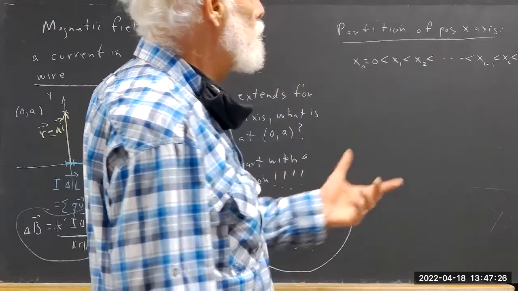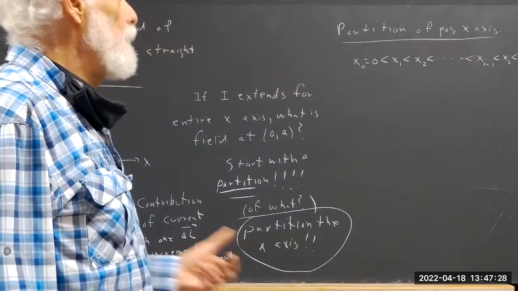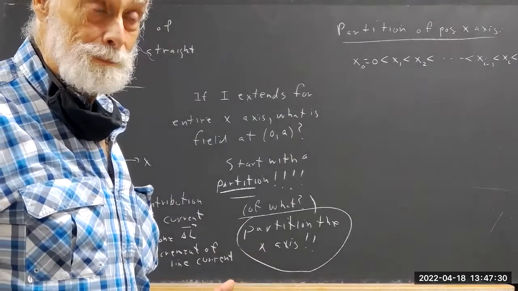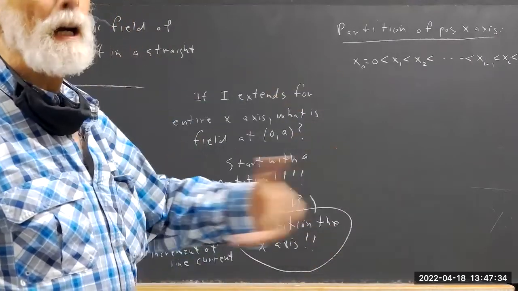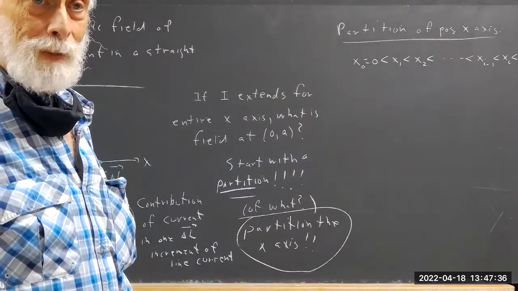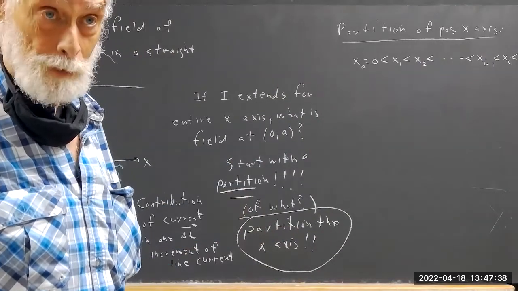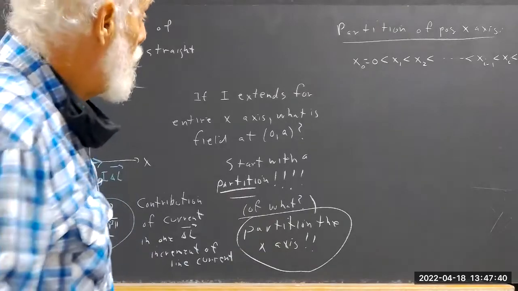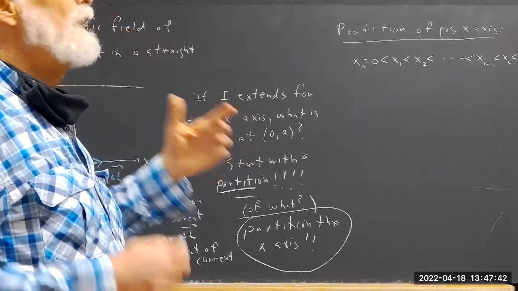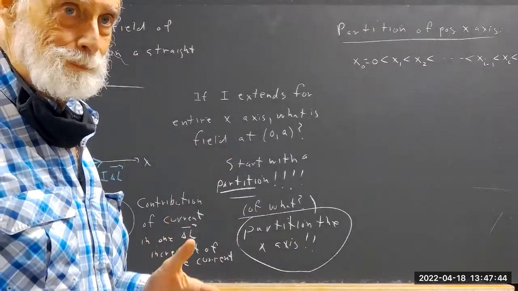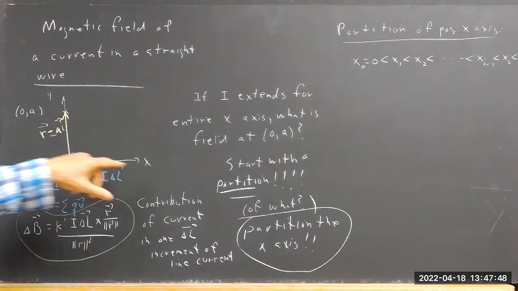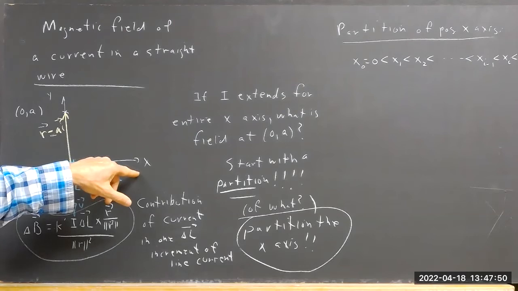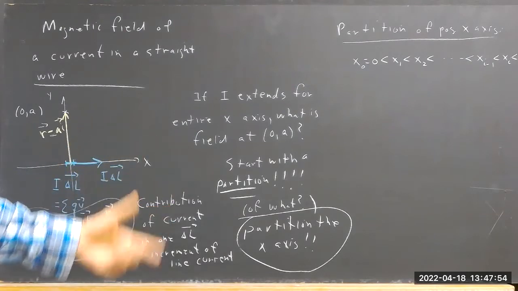It's a little trickier to write out a partition of the negative x-axis. Even of the whole x-axis, I'm just going to partition half of the x-axis, and then we'll use a symmetry argument. That'll work here. Another way to do this is to just partition the x-axis from negative b to b, and then let b approach infinity.